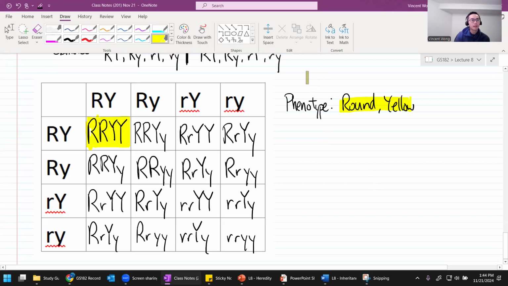Okay. Anyone else? That's right. So here's another one. Basically, you're looking for a genotype that has at least one big R and at least one big Y, right? So all these up here, they are all round and yellow, as are these.